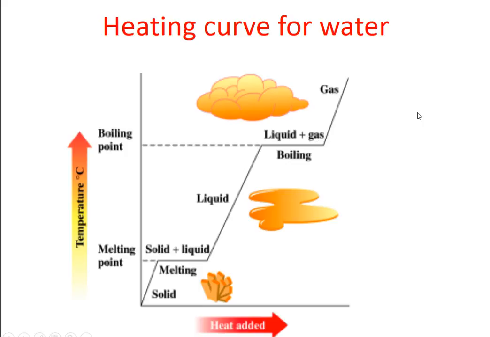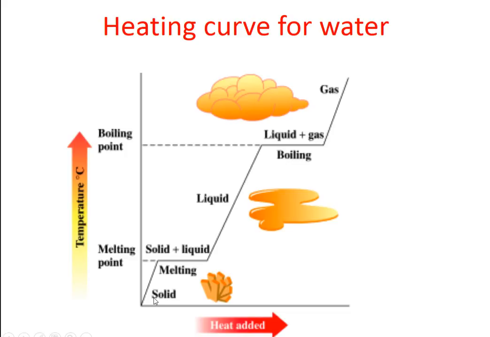Another thing that we need to know is what is present in a substance before melting, what is present at melting, what is present after melting, what is present at boiling, and what is present after boiling. So when you have ice, before melting, you only have solid.